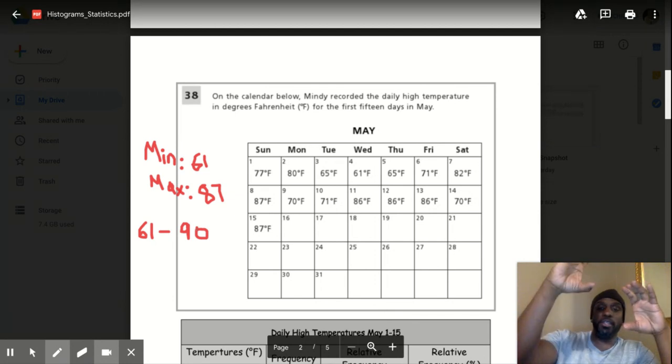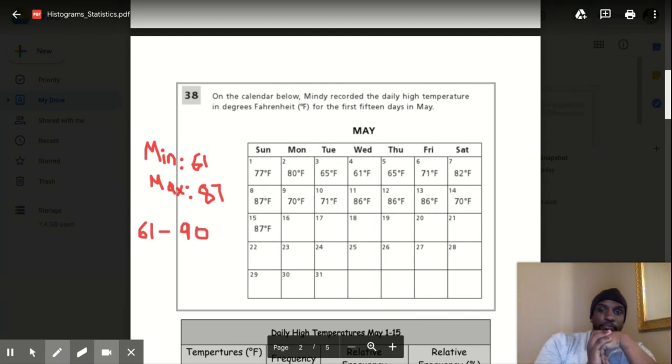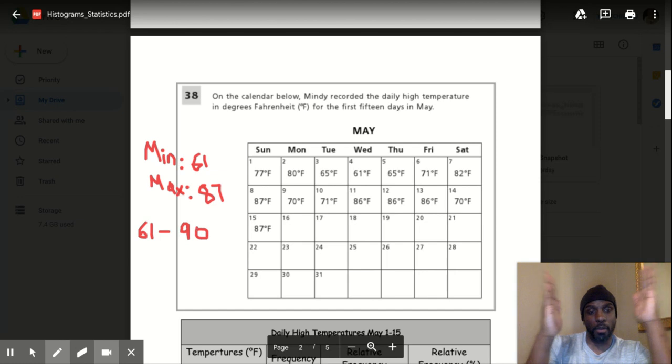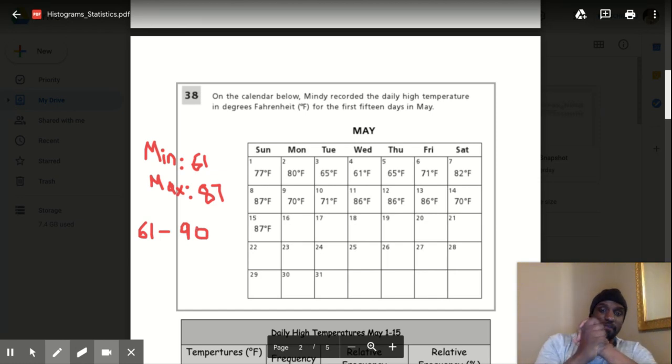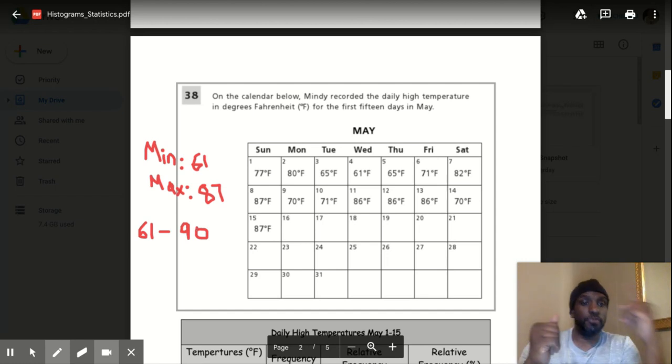My range is 30, and 30 divided by the width I want my bands to be, which is 5, means I'm going to have 6 intervals of 5. So I'm going to have 61 through 65, 66 through 70, 71 through 75, 76 through 80, 81 through 85, 86 through 90.